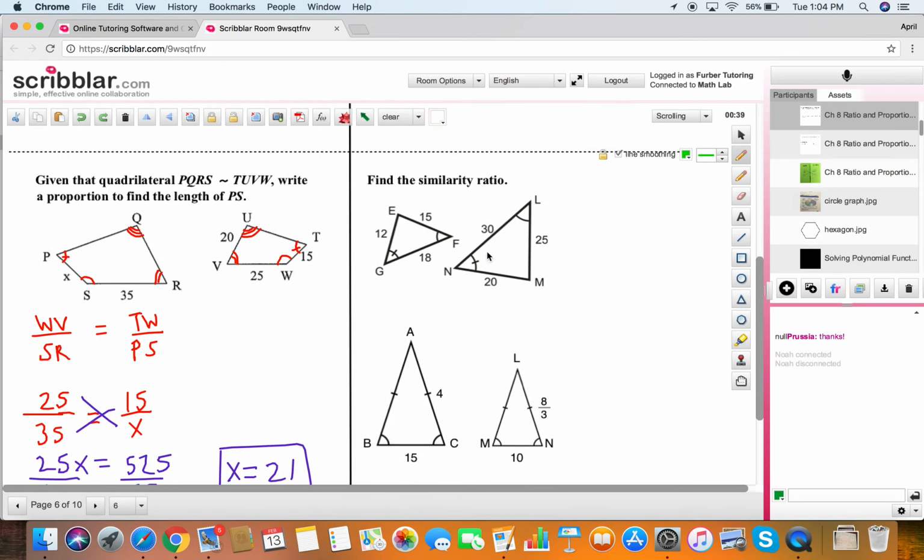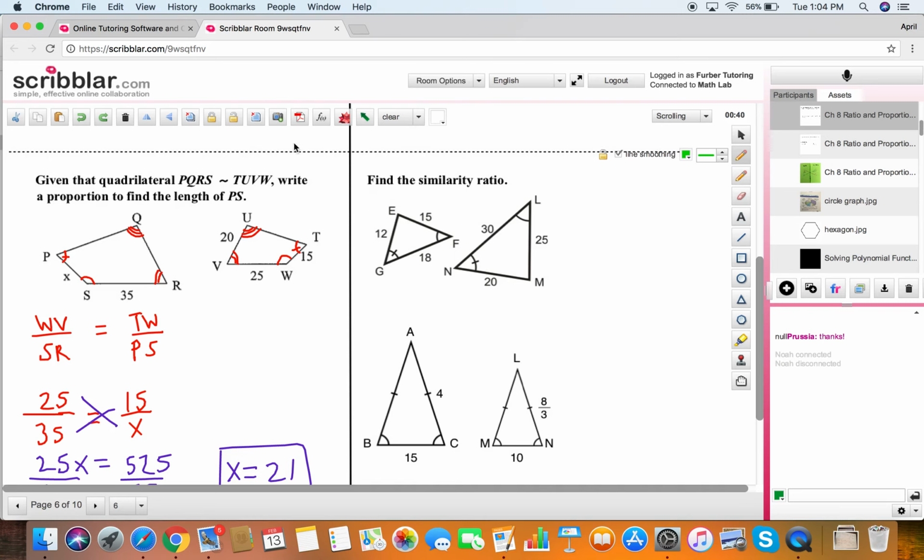All right, so I'm going to come down here to these. Now, they didn't give us the similarity statement, so I'm going to have to do that to make this a little easier on myself. So I'm going to call this triangle here GFE. I'm going to go from this angle with the little slash through it to the one with just a single curve.